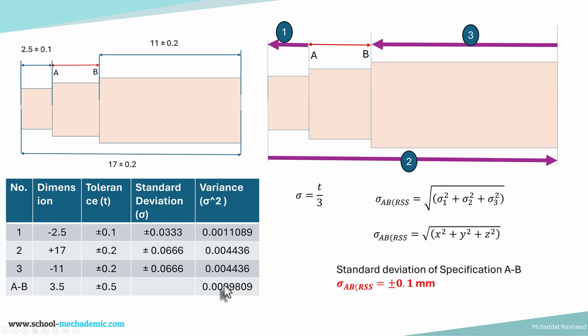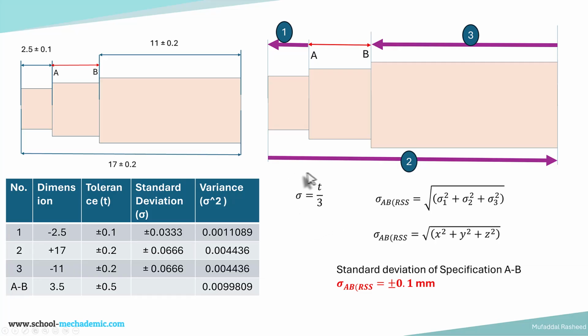That gives the standard deviation for specification AB, which comes out to be plus or minus 0.1 mm from this calculation, considering sigma is equal to T by 3.